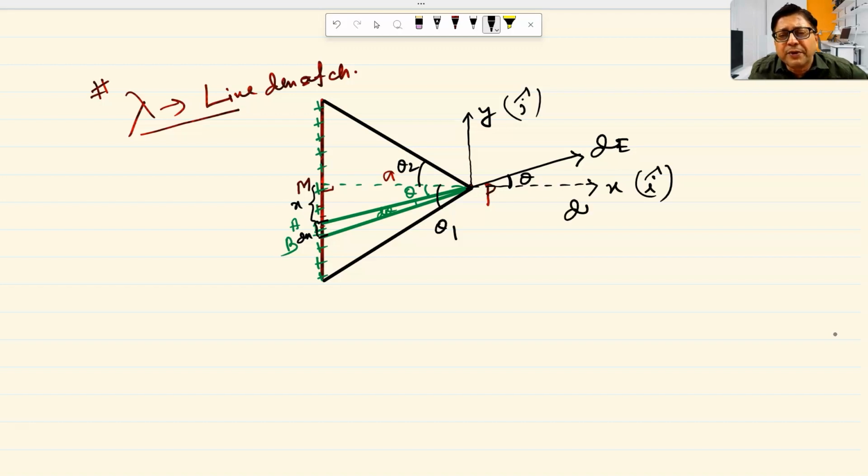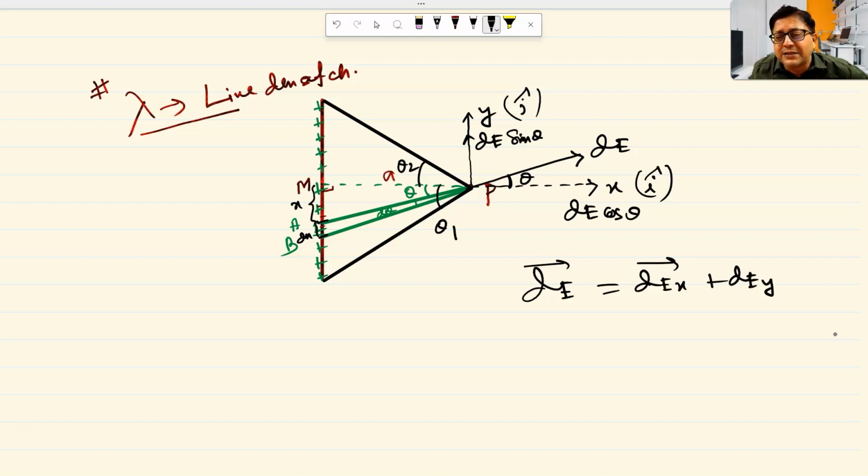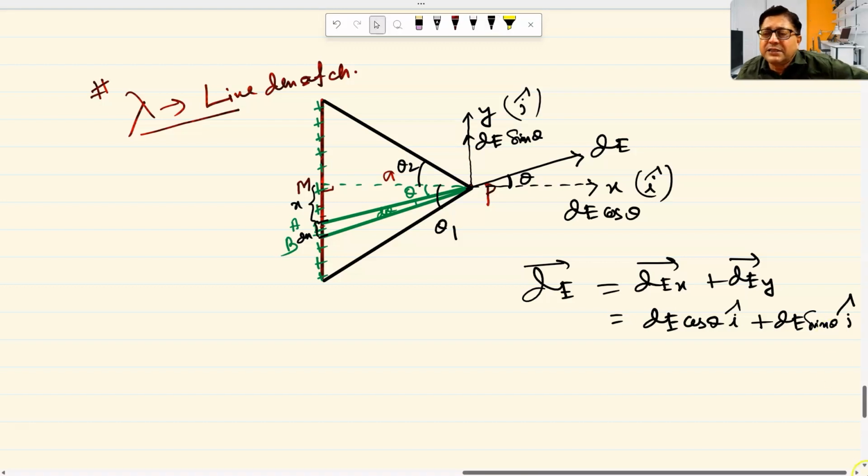So the component this way will be dE cos theta, and the component this way will be dE sin theta. And if we write the electric field dE vector as the component along the x-axis plus the component along the y-axis, then it will be dE cos theta i cap plus dE sin theta j cap.